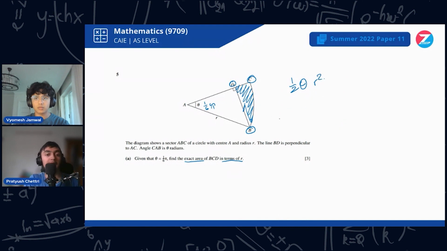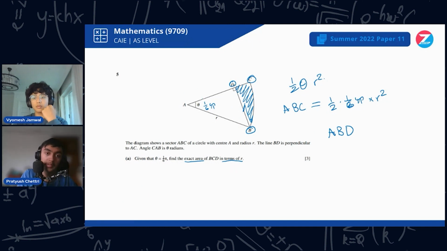So, henceforth, our sector ABC is equal to half times 1/6 pi, that's our angle, times radius squared, in terms of r, remember. And for my triangle ABD, so that's the inner triangle here.